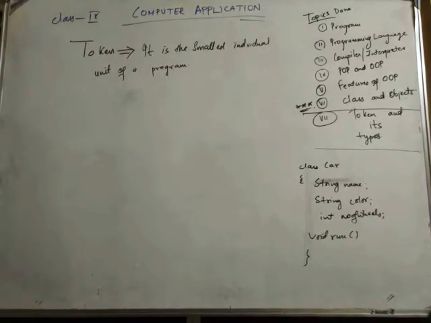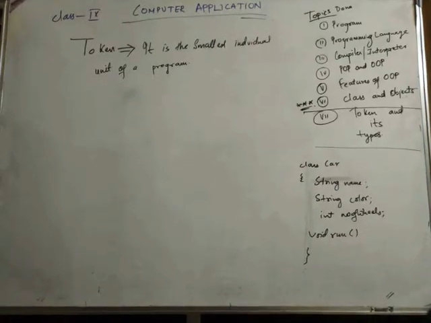We wrote void, we wrote String, we wrote color, semicolon we have written. So everything in our program is named a token. The smallest individual unit of a program is called a token.